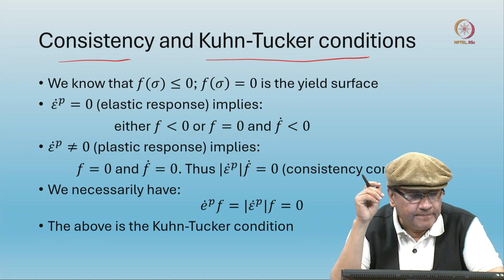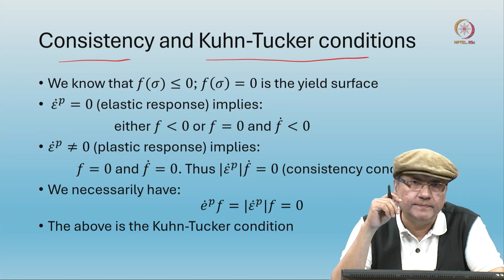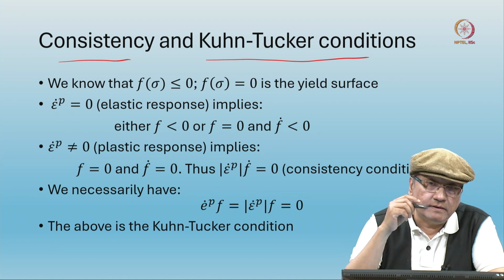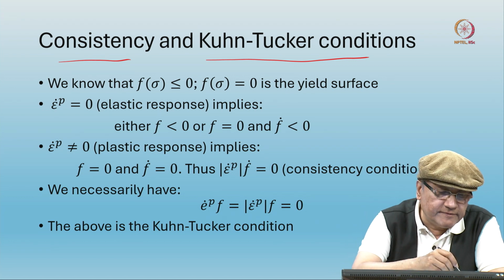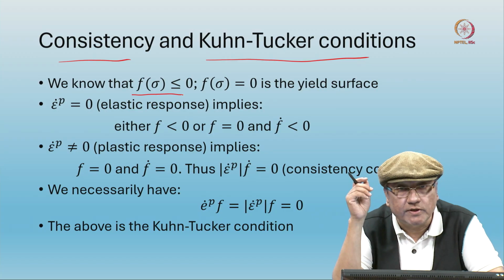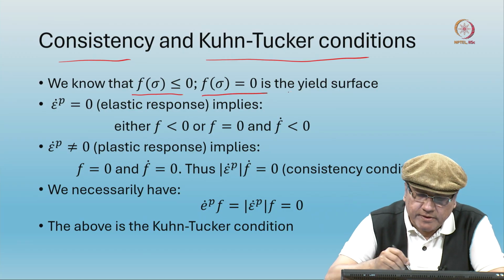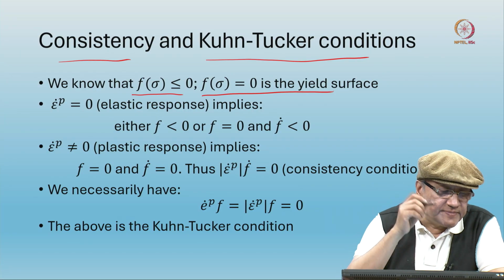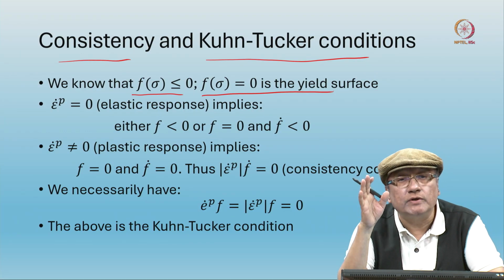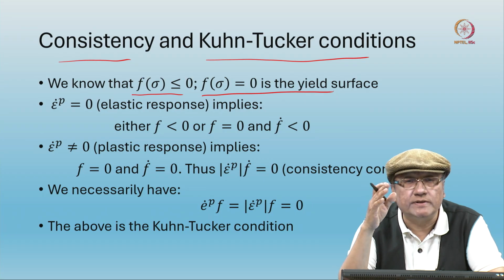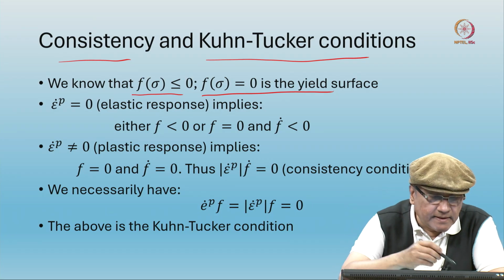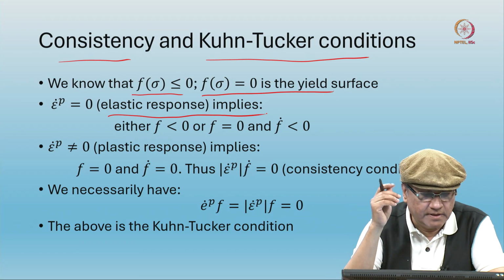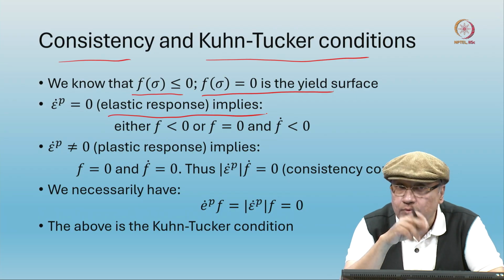All right. So, you remember the yield condition was given by the function f of sigma less than or equal to 0. f of sigma equals 0 is the yield surface. So, epsilon p dot equal to the 0 tensor. If epsilon p dot is the 0 tensor, then the response is elastic, which implies, what will it imply?